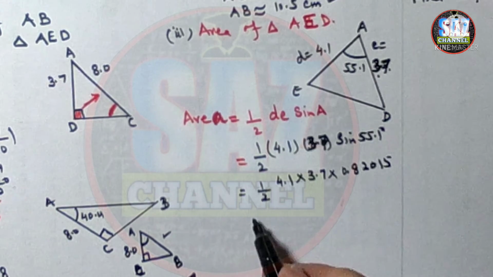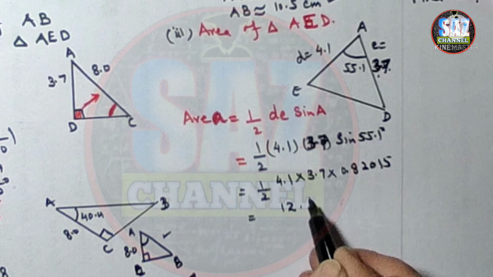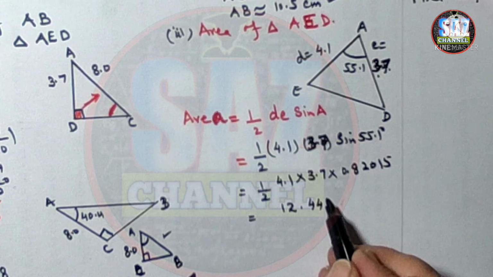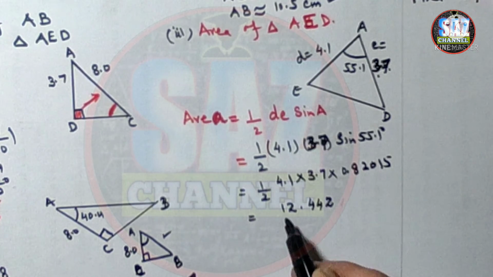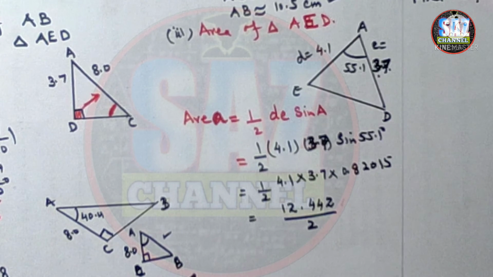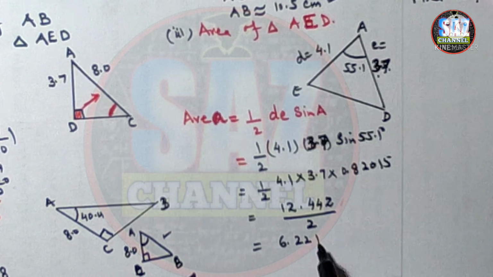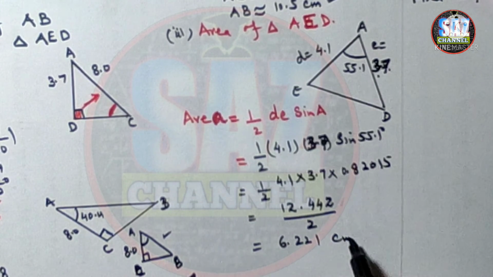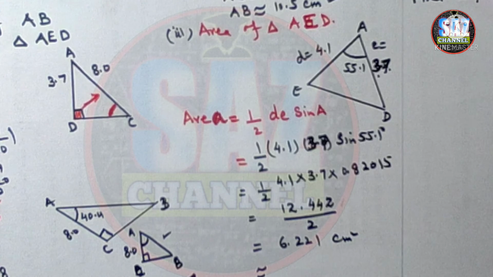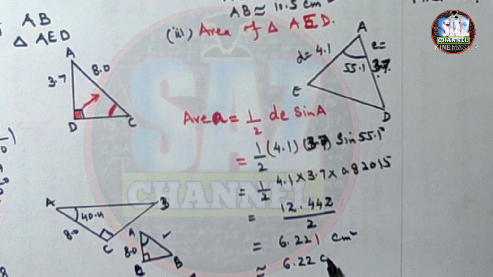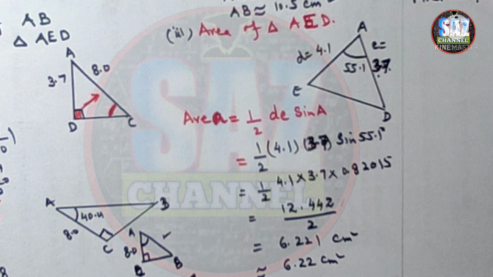This gives me 12.442 divided by 2, and this gives me 6.221, and units are centimeters square. As we have to give our answer to 3 significant figures, 6.22 centimeters square is the answer for our requirement. I hope you are clear about this question, and let's move to the next question.